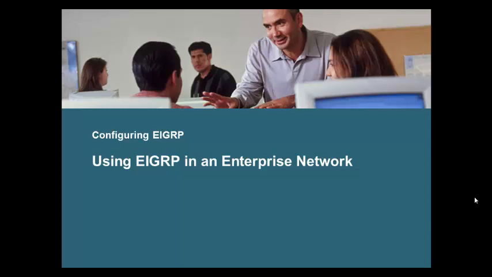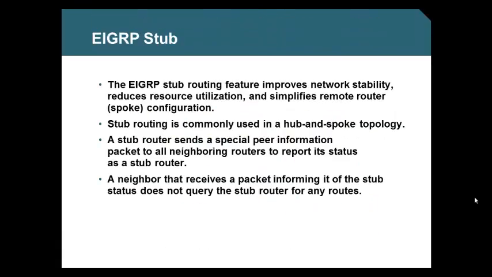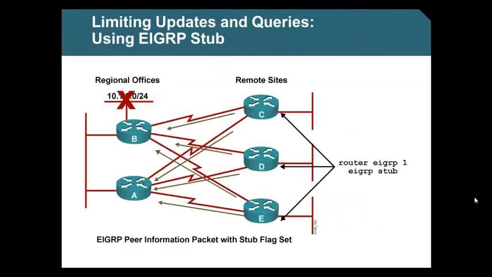To avoid this, we have to configure stub. When we configure stub, these routers, like spoke routers C, D and E, will report to B and A with their status.